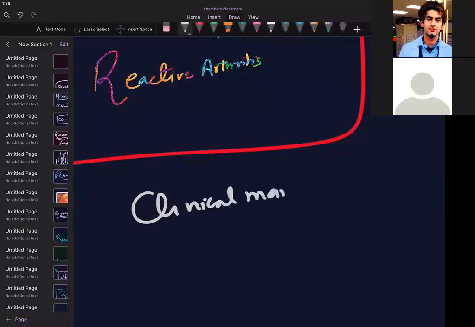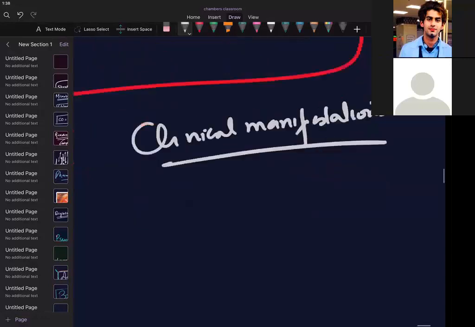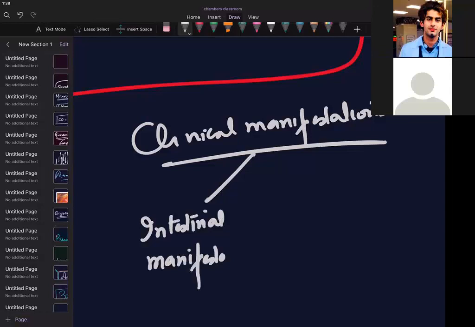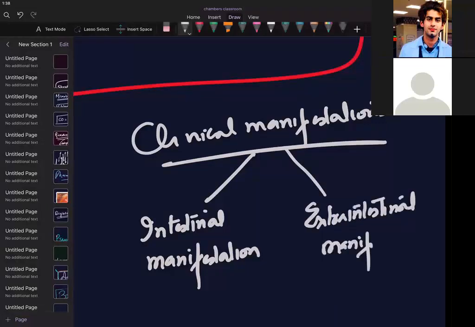The clinical manifestations are intestinal manifestations and extraintestinal manifestations.